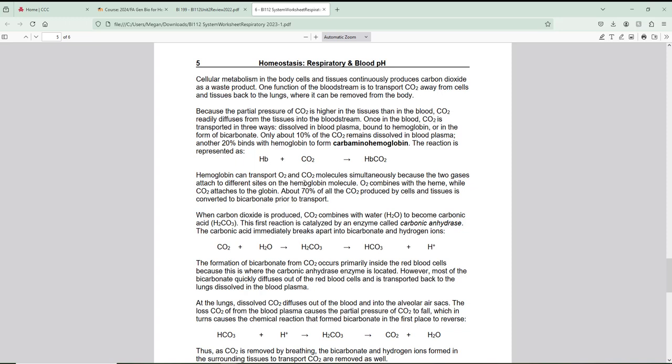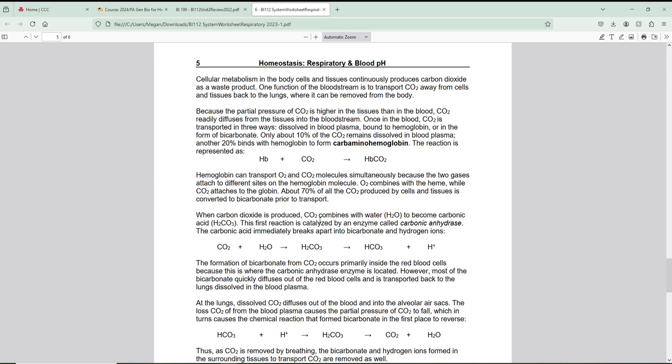With this, you'll understand a little bit about how water and carbon dioxide combine together to form carbonic acid, which dissociates into bicarbonate and releases hydrogen ions. And so this can make the blood more acidic and so forth.